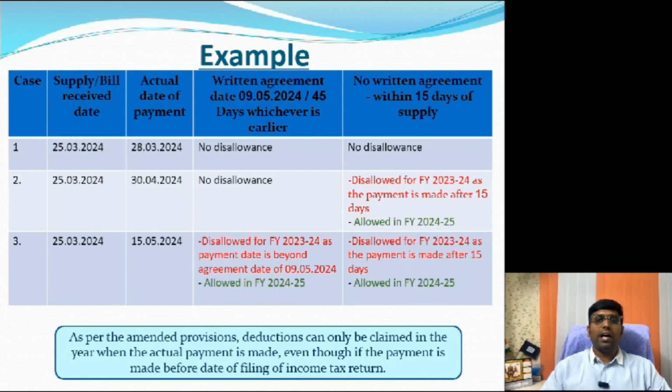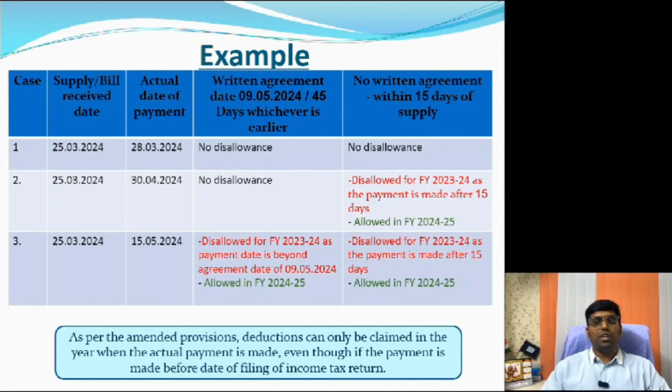In the second case, the bill date is 25/3/2024 and the actual date of payment is 30th April 2024, which is after the financial year. Then, as per the agreement date, the payment is made before 9/5/2024 and within 45 days, so the expenditure will not be disallowed.